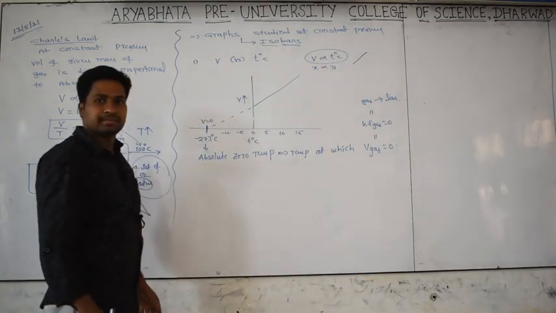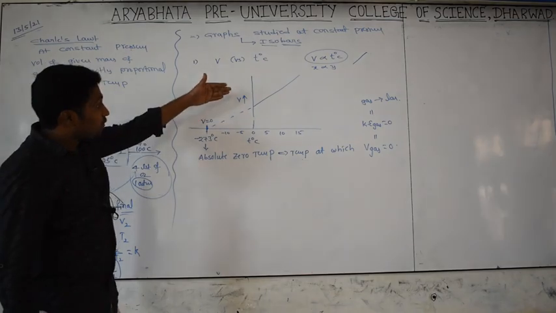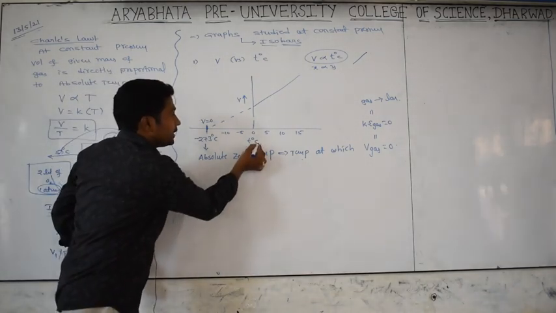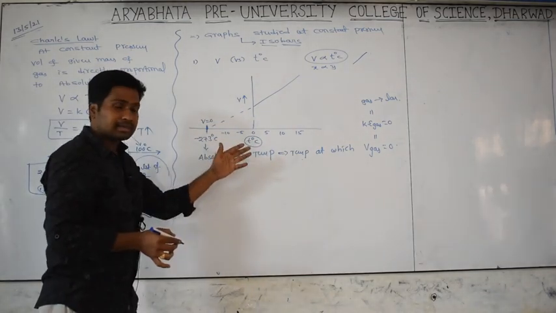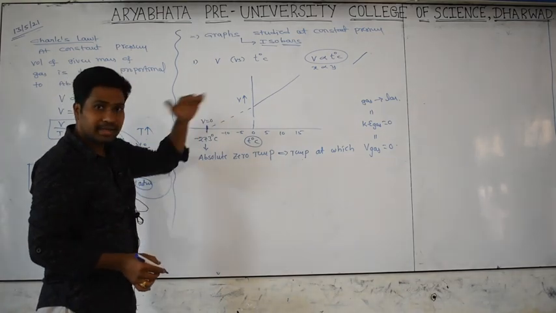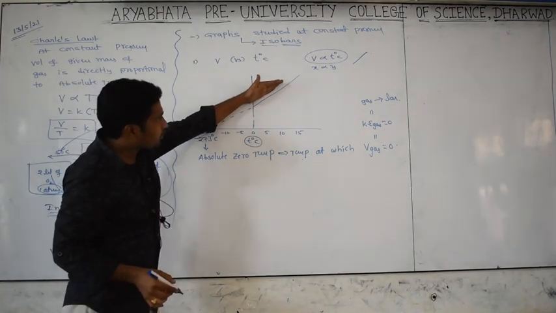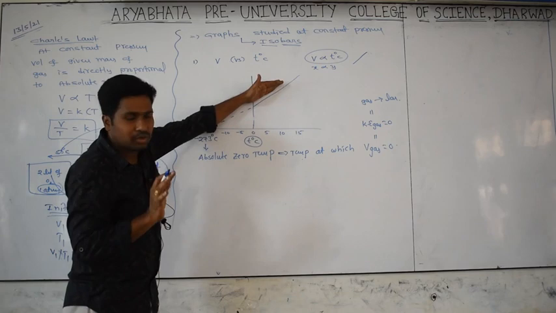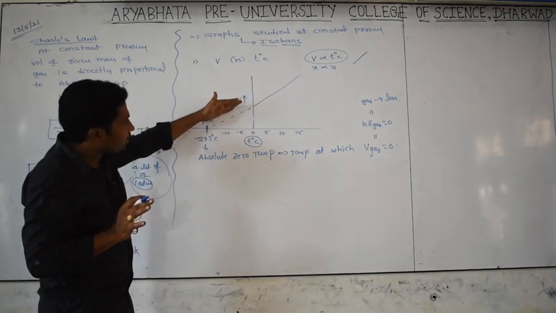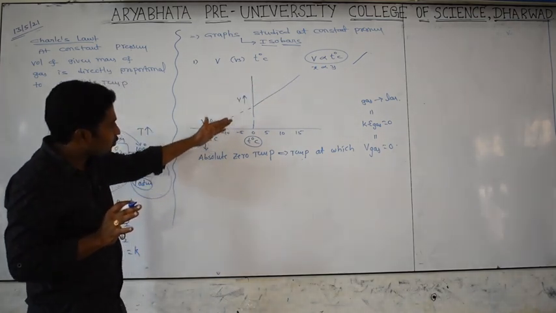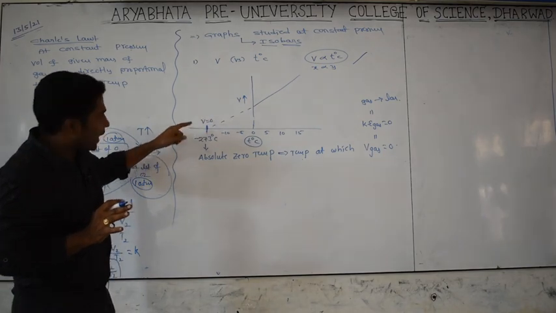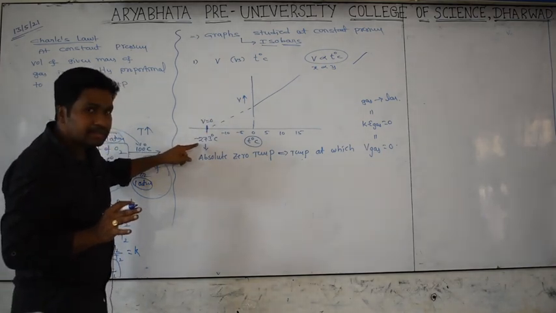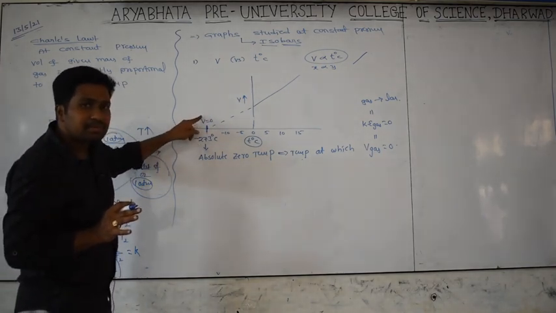That is the meaning. When we take degrees Celsius on the x-axis and volume on the y-axis, we are getting a straight line, but positive temperature means the thick line, which is a gas only. When it comes into negative temperature, as the temperature is decreasing, volume is gradually decreasing. At minus 273 degrees Celsius, the volume of a gas is becoming 0.